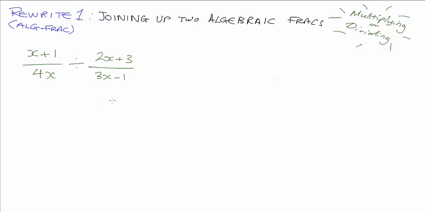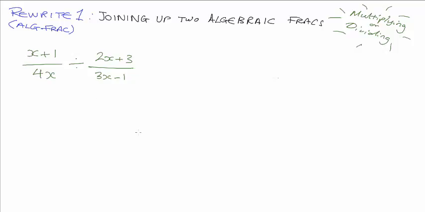Obviously I've made the tops and bottoms much more complicated, but that's just to show you that even something complicated like this is actually very straightforward if you follow the steps.